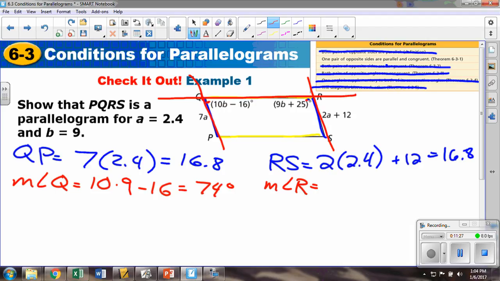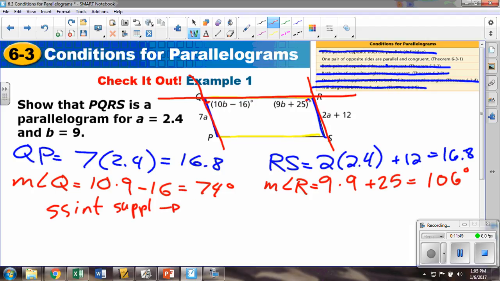So let's punch the numbers here then. 9 times B plus 25. 81 plus 25 actually is 106. So we're observing then that same side interior being supplementary gives us parallel.